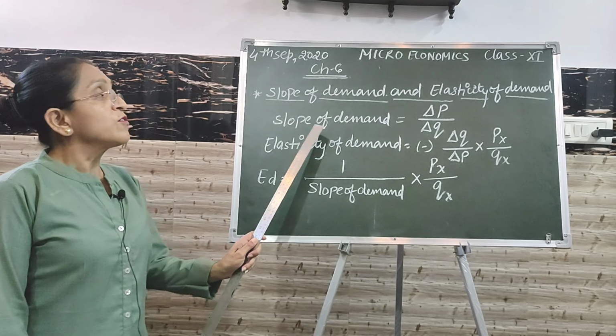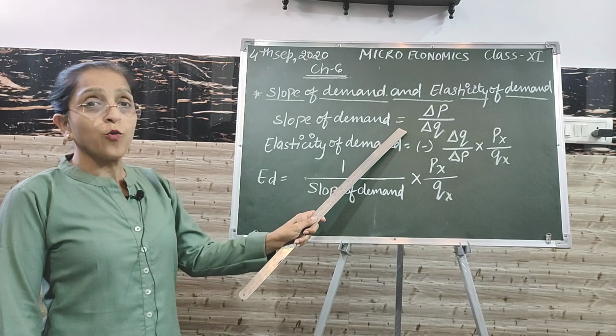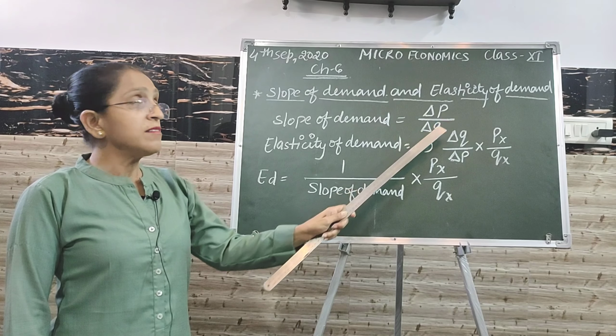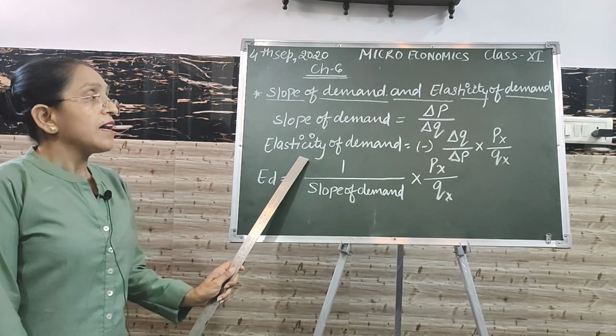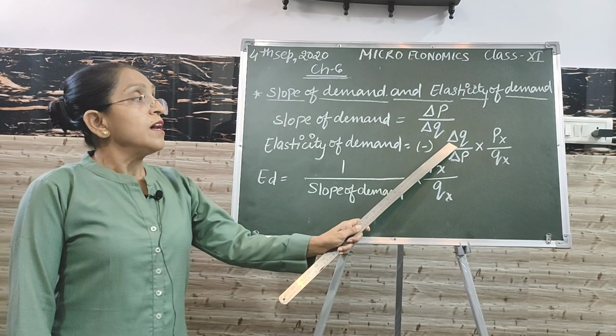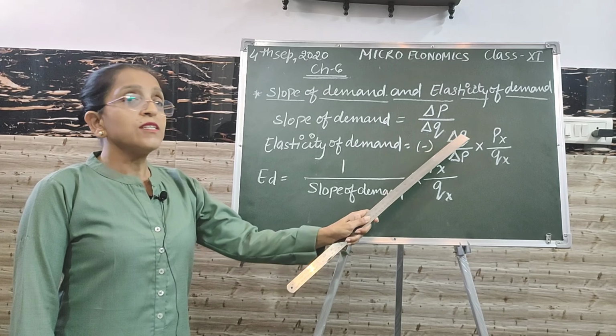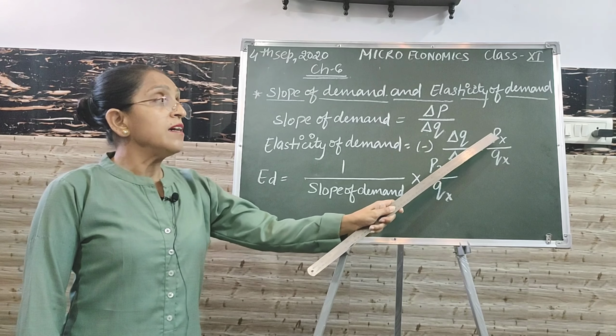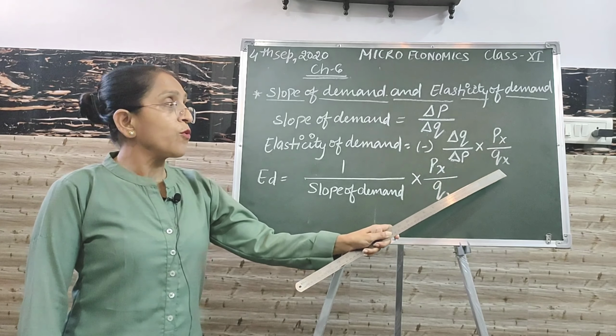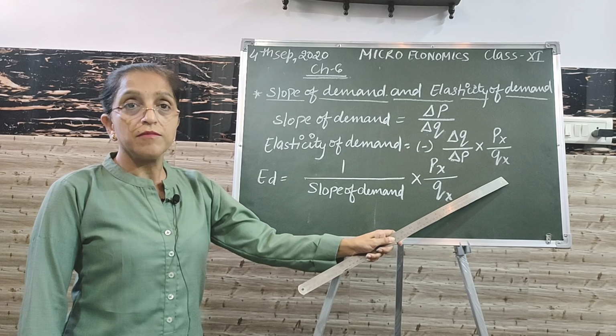As we know, slope of demand is equal to change in price upon change in quantity demanded, and elasticity of demand is delta Q, it means change in quantity demanded upon change in price, multiplied by price of commodity upon quantity demanded of commodity.